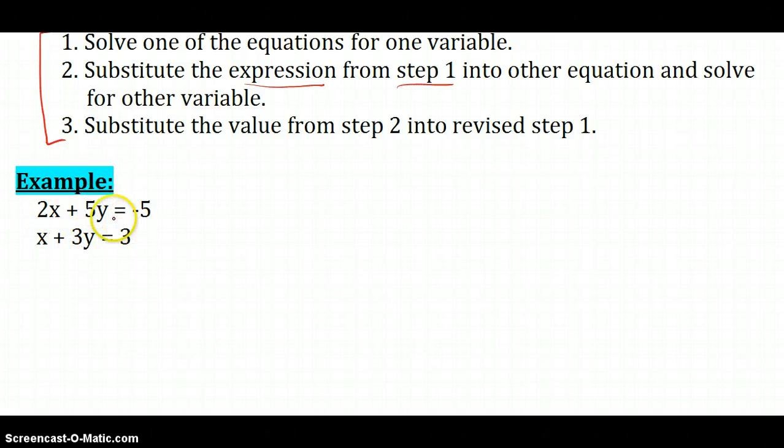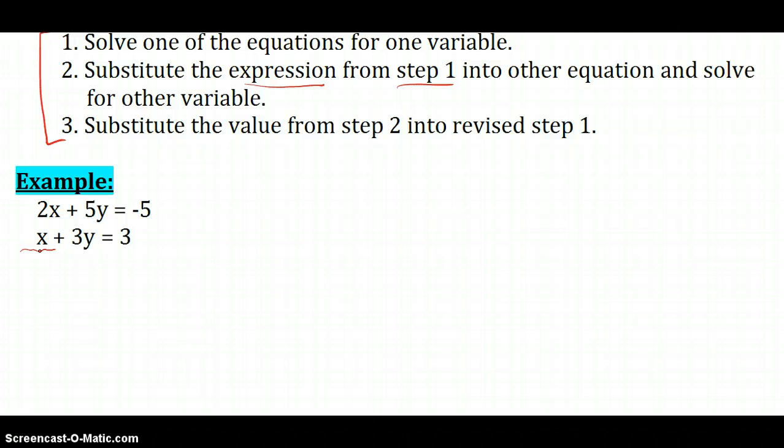Let's say this is the system that you're going to solve, and you're supposed to solve by using substitution. So your first step is to pick one of the equations and solve for a variable. Doesn't matter which equation, doesn't matter which variable. So there's many different ways you can solve this. The easiest way is if you choose the equation that has a variable with nothing in front of it. Like here, this x doesn't have a coefficient in front of it besides 1.